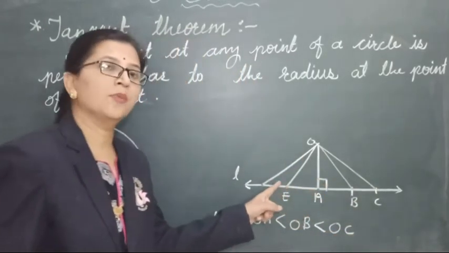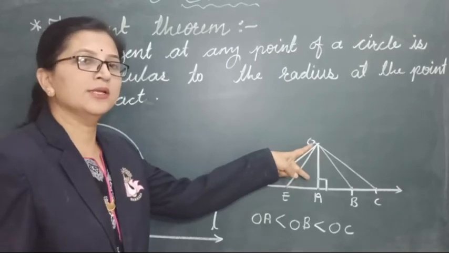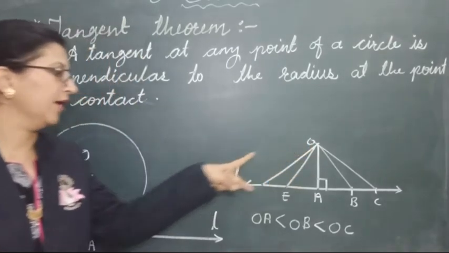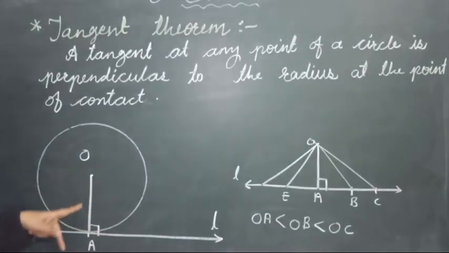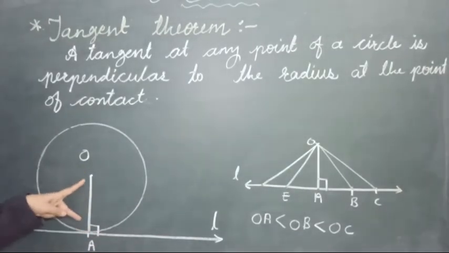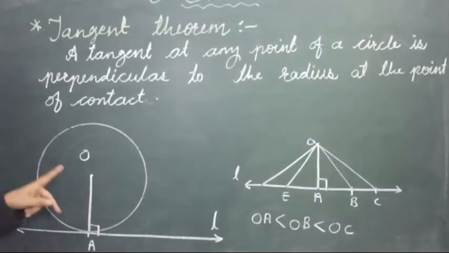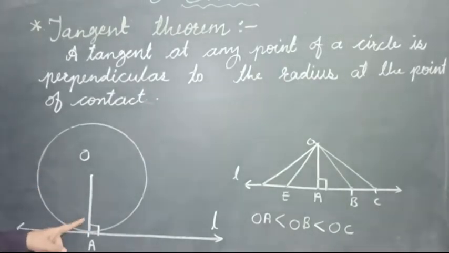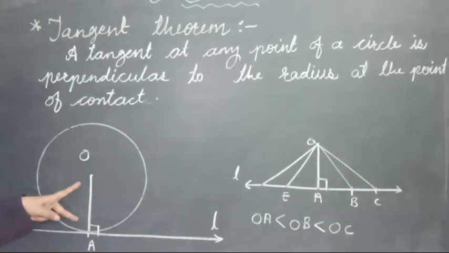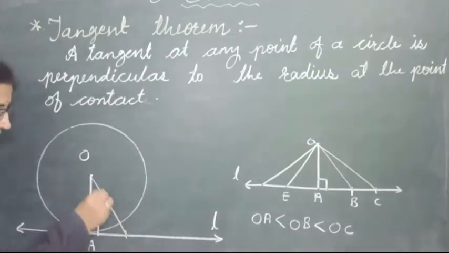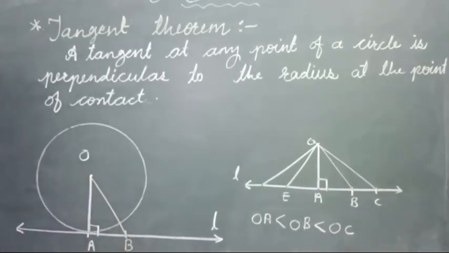So from this we can prove that this perpendicular distance is the shortest distance. Here we can say that as A is on the circle, OA is the radius, and it is perpendicular because it is the shortest distance. If we take any other point, that distance will be greater than OA.